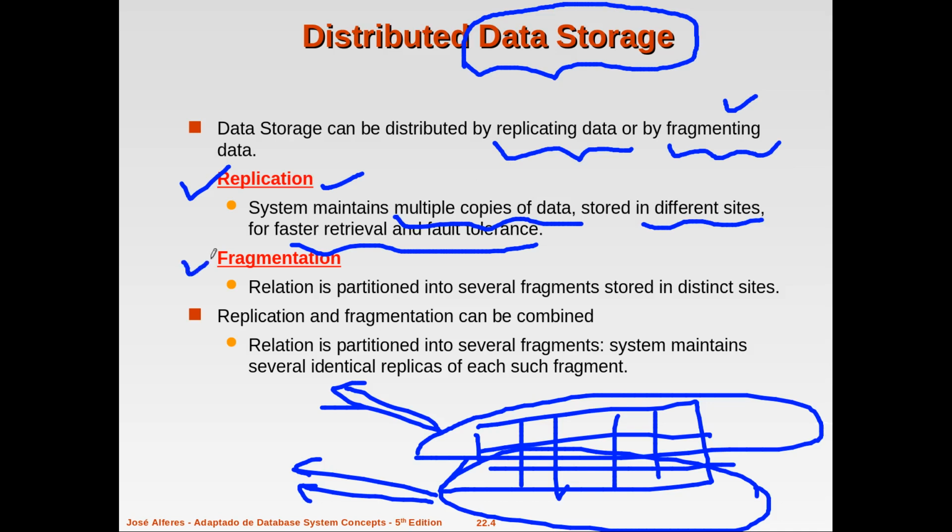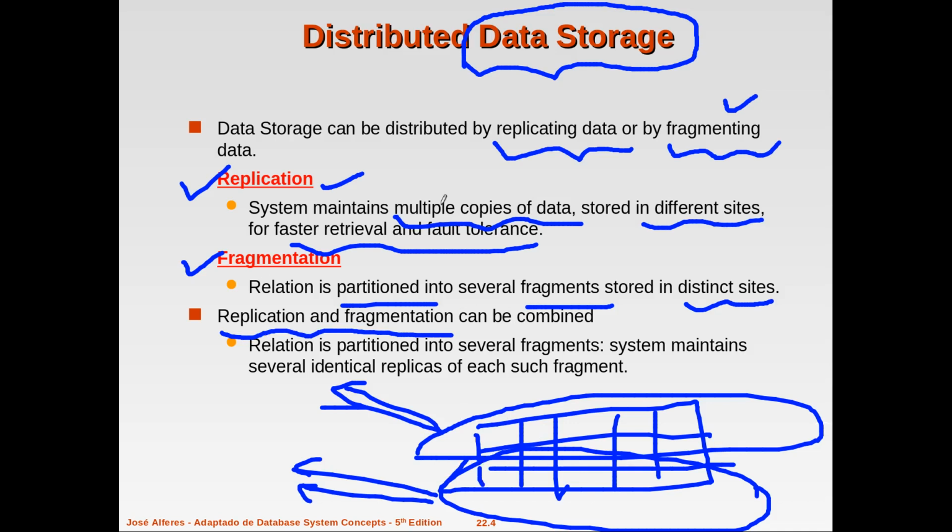Now what about fragmentation? That is, a relation is partitioned into several fragments. A sub portion of a relation can be called a fragment, and these fragments will be stored in different sites. Now we can have the combination of replication as well as fragmentation. So as I was mentioning, the same relation can be divided into different fragments, and these fragments can be replicated on different sites.